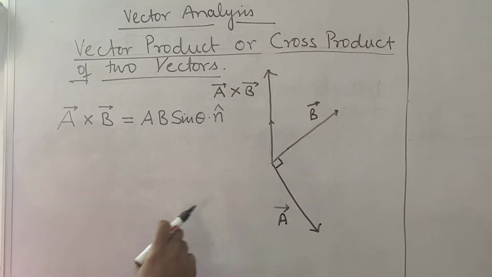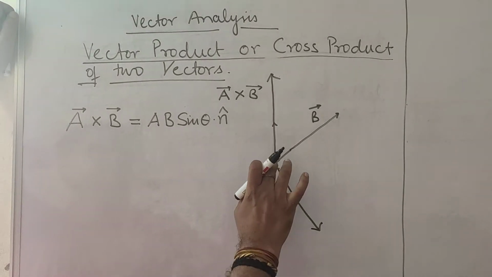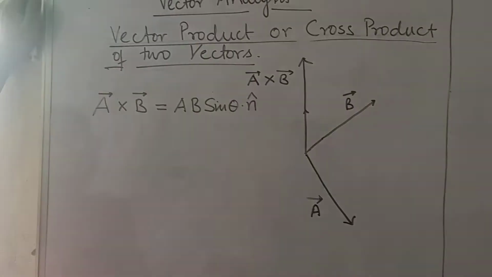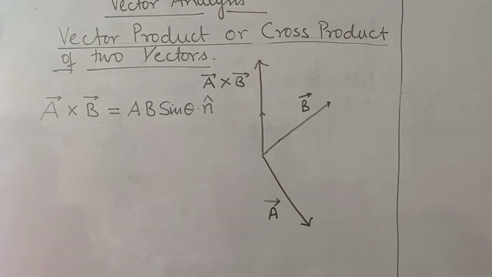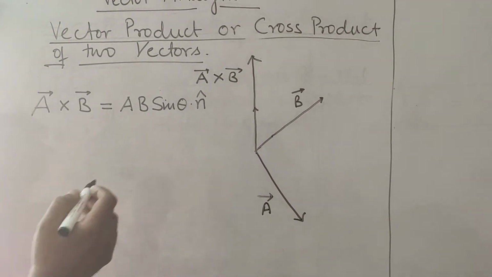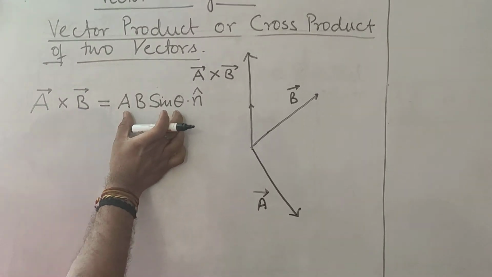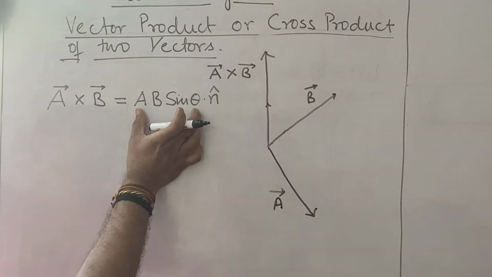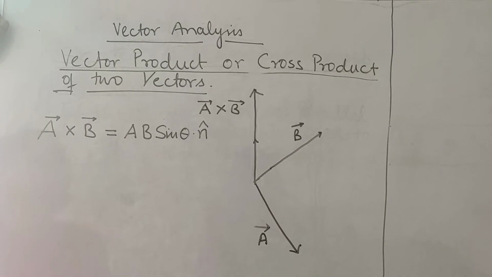So vector A, when multiplied with B with a cross sign, then the result is always going to be a vector quantity. You know that this is magnitude. When this magnitude is multiplied with a unit vector, it will take its direction.